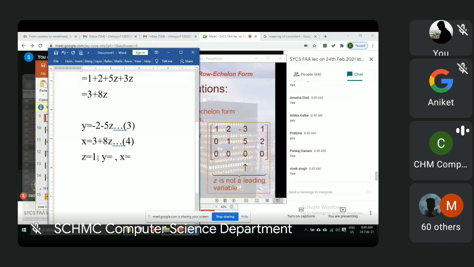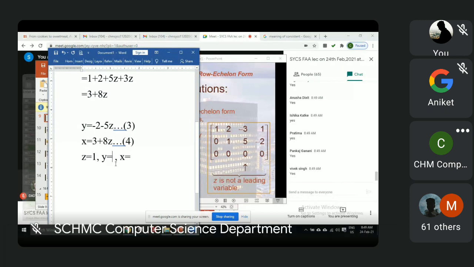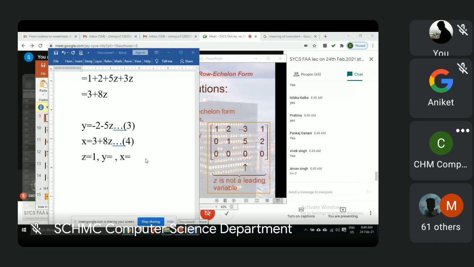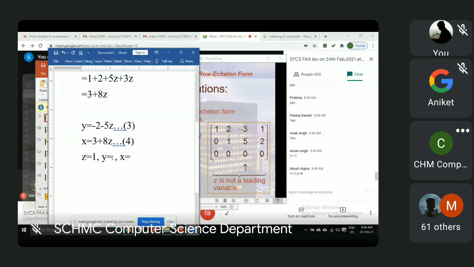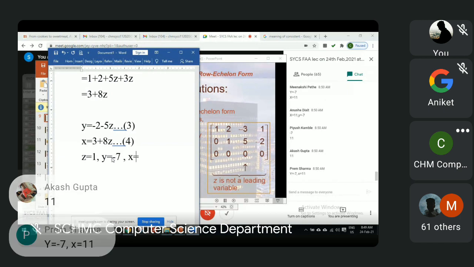Can you compute and tell me what will be the value of y and x if z is 1? y is minus 7. x is... Akash Gupta, check again. Minus 7 and 11.